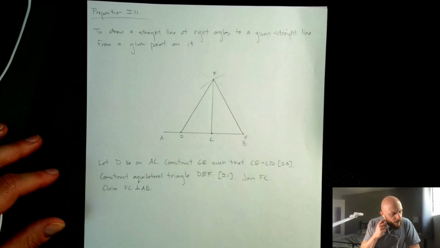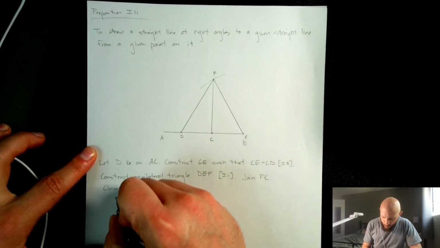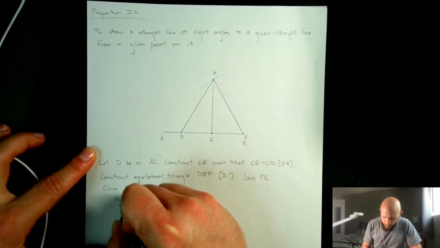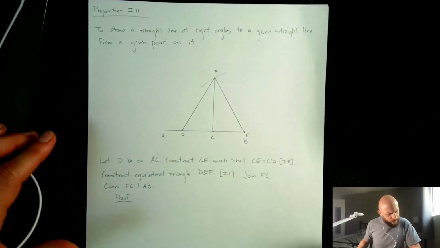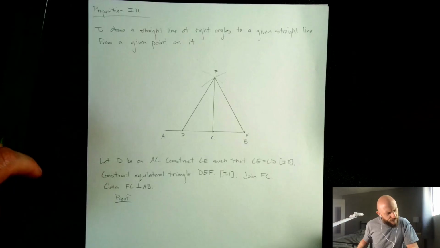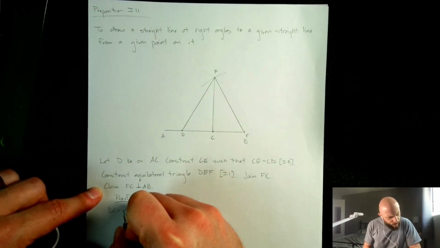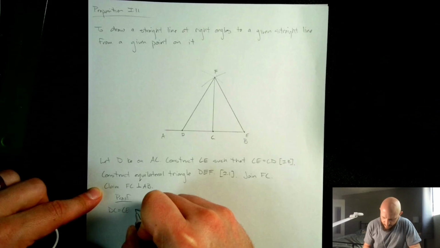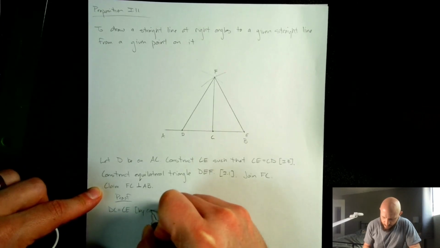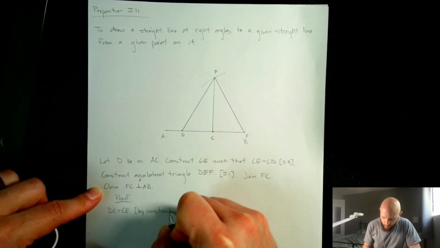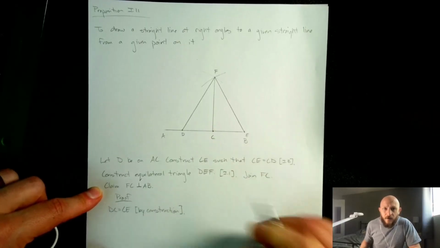Right, okay. Well, if we claim that, we've got to prove it. So, how do we prove it? Okie dokie. Well, we know that DC is equal to CE. This is by construction. We made it that way.